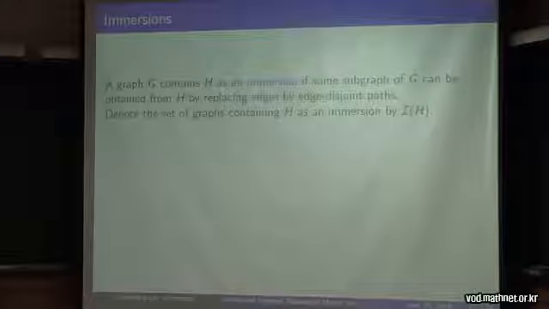For immersion, it's similar, but now I don't want internally disjoint paths. I just want edge-disjoint paths, and that's the immersion. G contains H as an immersion if I can find such a mapping.